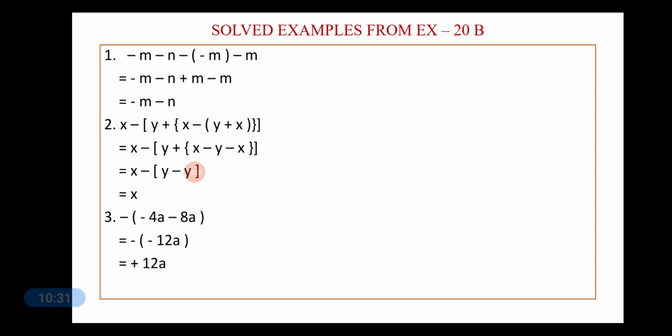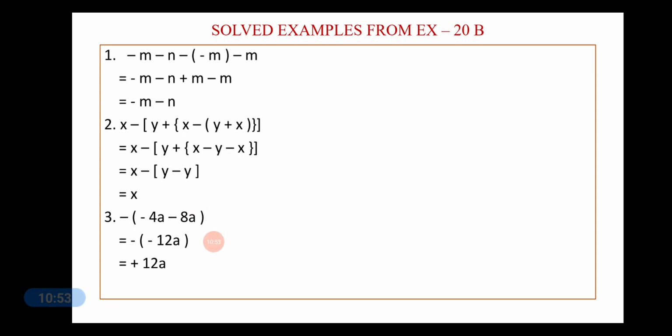So a plus x and a minus x will cancel. So minus y will remain. So this minus and plus y will give you again another minus y. And you have a plus y already over here. So y minus y will give you 0. So ultimately your answer will be x minus 0, which is equal to x.